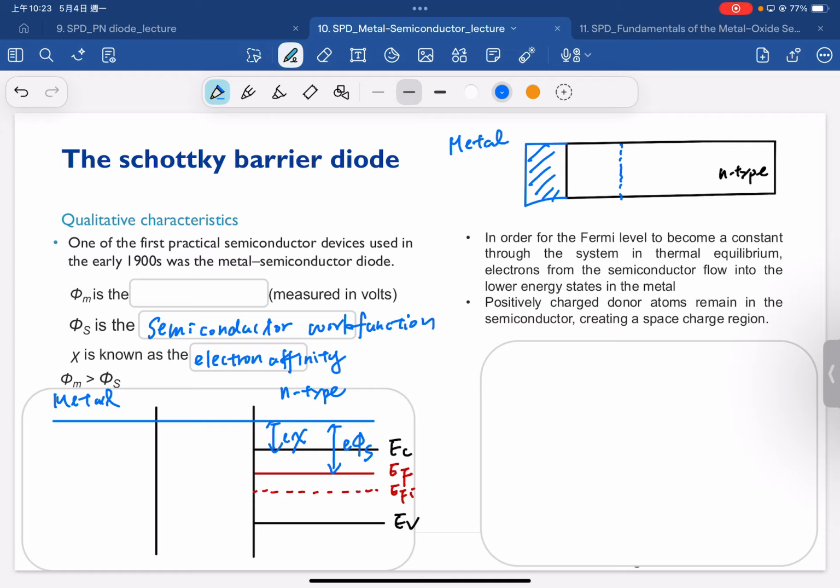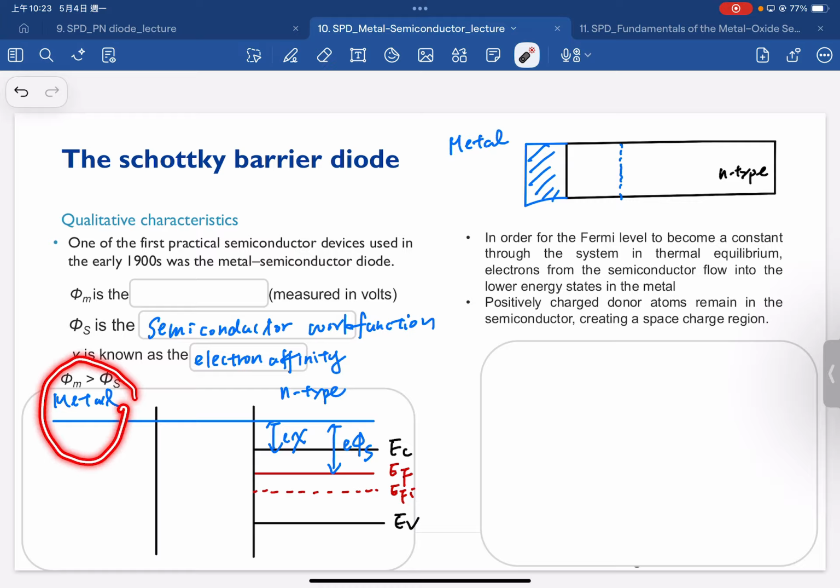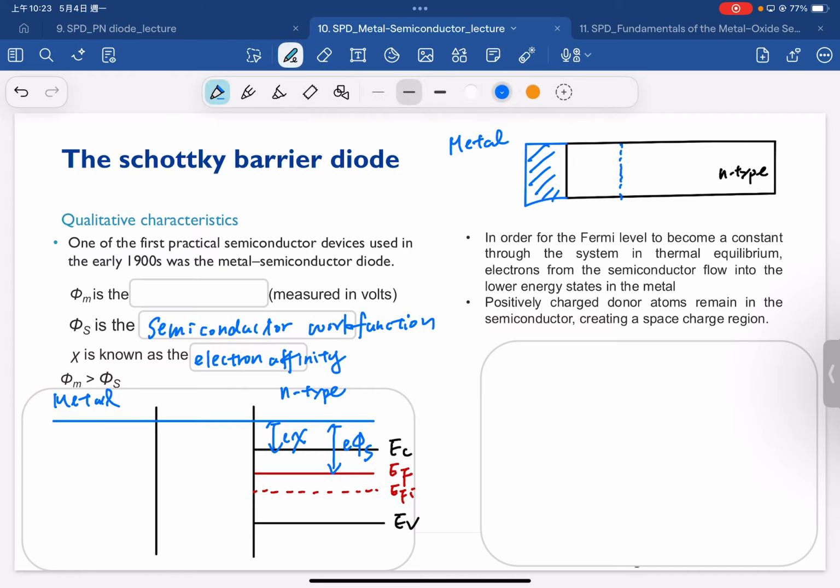Similarly, we have the metal work function with respect to the reference plane. If we consider the metal side and its Fermi energy, the difference between the reference plane and the metal Fermi energy is our phi m.